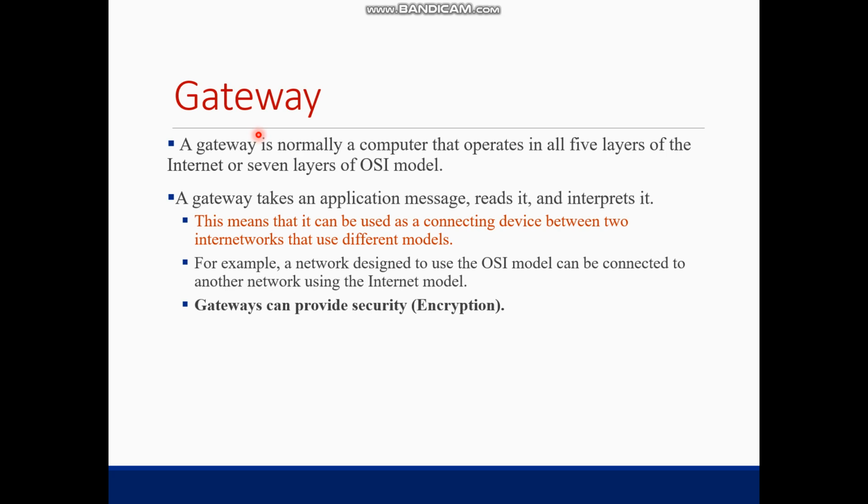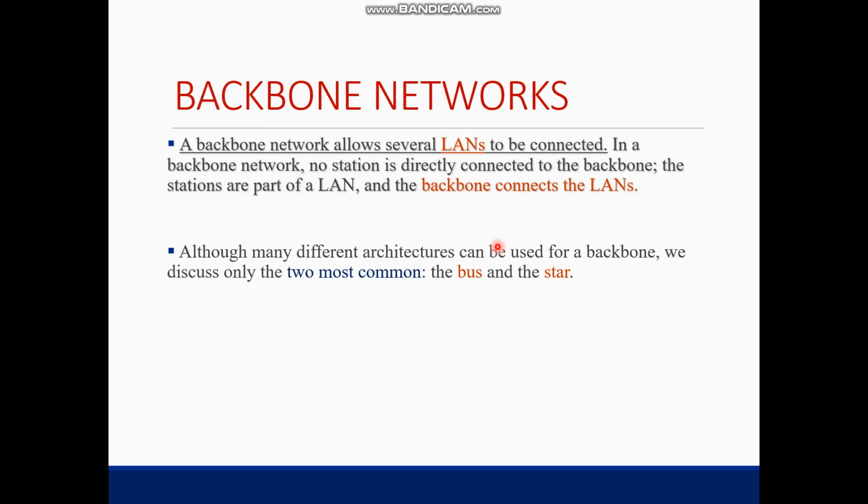It's going to be read, and then it's going to be interpreted or encrypted, or it's going to be sent through the entire network to the destination. So through the gateway, a network which is based on TCP/IP can communicate to another network which is based on the OSI model. So those two different networks can be connected together using the gateways.